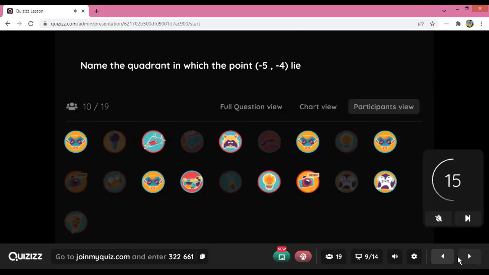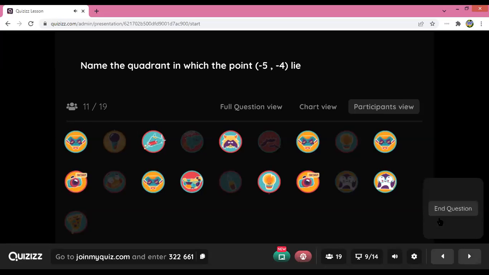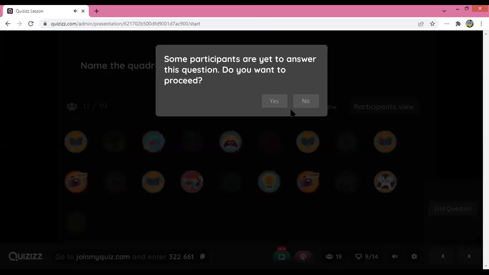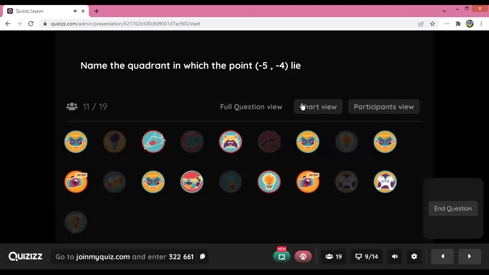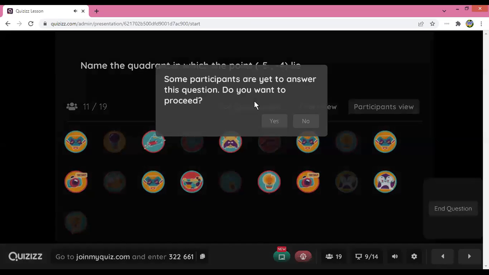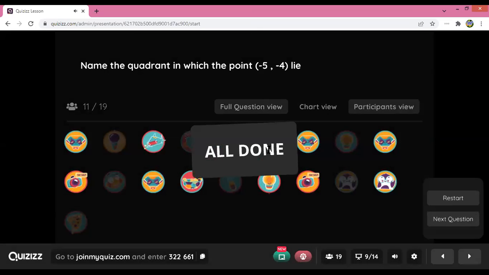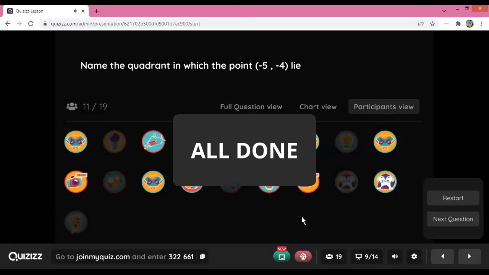Which quadrant? Okay. Time up. Take another 2 seconds. I see only 11 of you have answered. It's a super easy question, right? Okay, let's see how many of you got it correct. Both negative, that will be third quadrant, right?